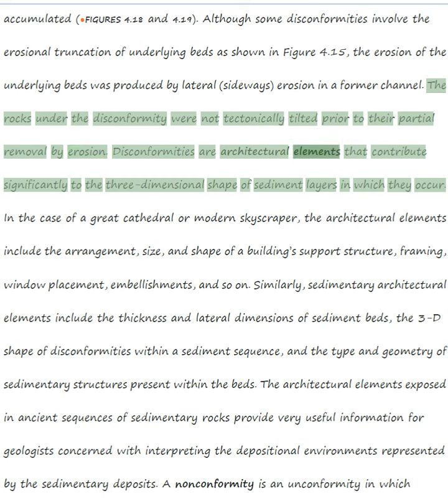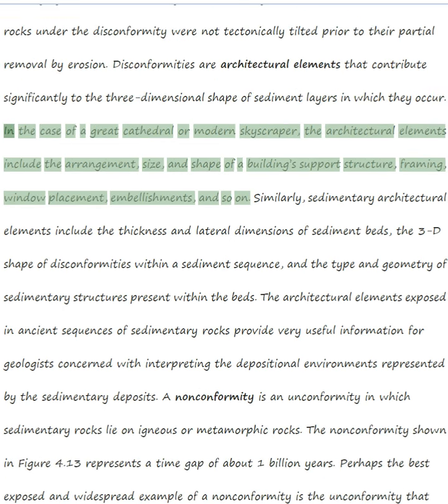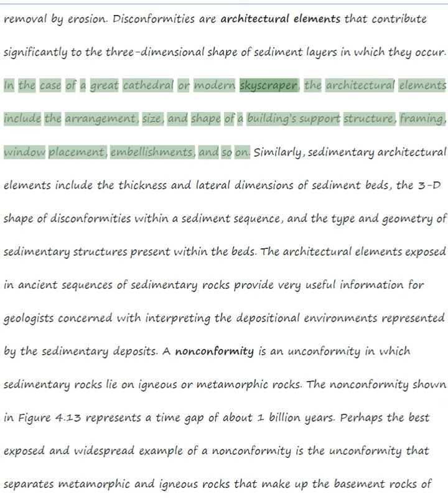Disconformities are architectural elements that contribute significantly to the three-dimensional shape of sediment layers in which they occur. In the case of a great cathedral or modern skyscraper, the architectural elements include the arrangement, size, and shape of a building support structure, framing, window placement, embellishments, and so on.